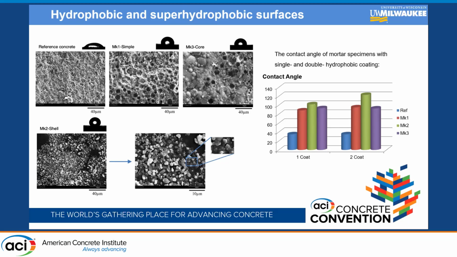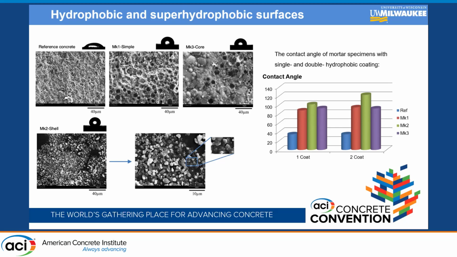However, we want more. The difference between MK2 and MK3 is that we have the nanoparticles added at different stages, at different times of the emulsification process. In MK3, we get the core structure, where we have nanoparticles embedded into the hydrophobic oil bubble, which is more or less 2 to 10 microns in dimension.